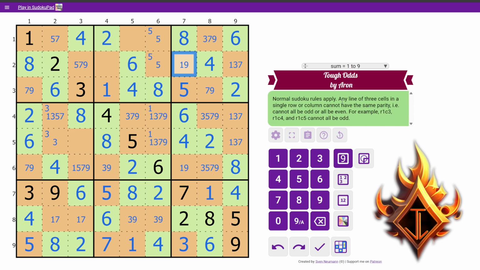A 1-9 combo. That's all that the column had anyway.